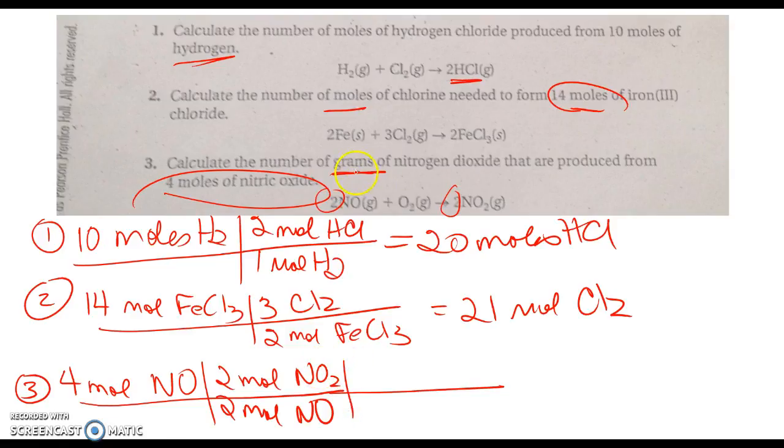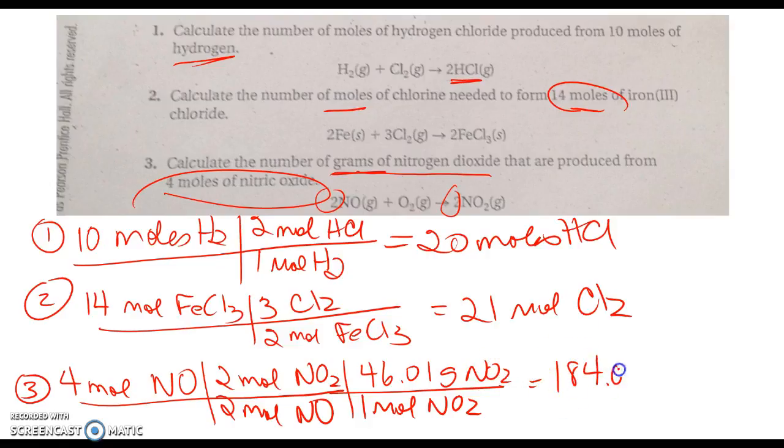But they want to know the grams of nitrogen dioxide, so I need to go from the moles of NO2 to the grams using the molar mass, right? And I came up with 184.04 grams NO2.